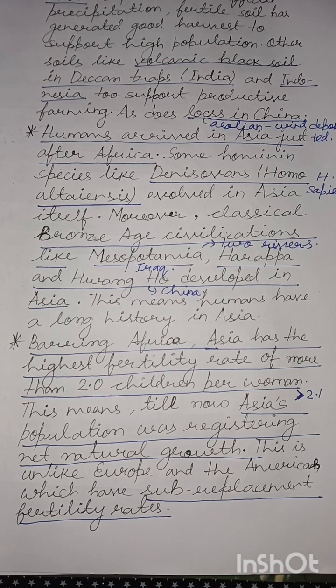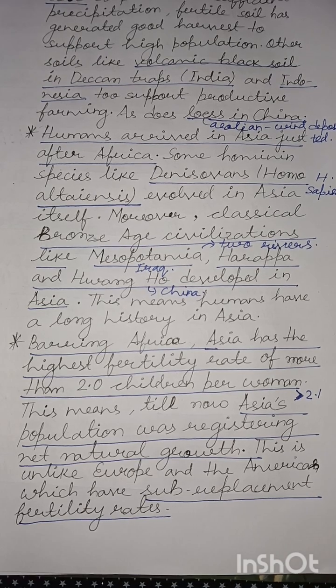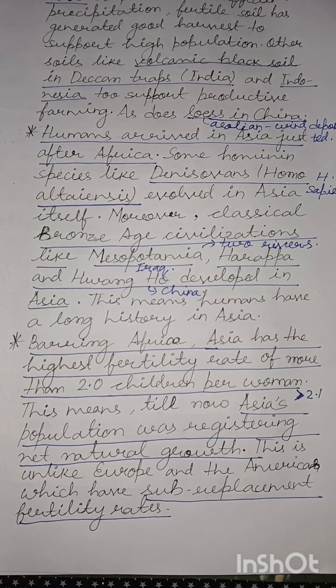Anyway, to briefly sum up the reasons for Asia's high population density. Asia's high population density is due to its geographical advantages, including its moderate climate, copious amount of rainfall, and fertile soils that support crops like wheat and rice, which can feed billions of people. It also has a long history of human civilization.